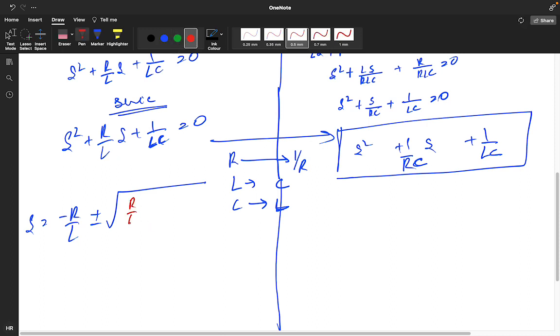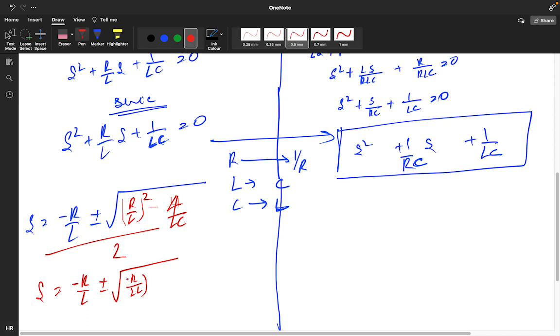B square is R by L the whole square, minus 4 by LC, divided by 2. So the S value is minus R by 2L plus minus root under R by 2L the whole square minus 1 by LC, right?